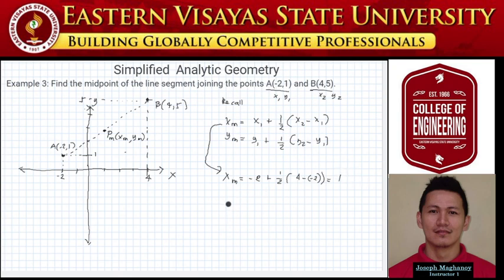And for your y, y sub 1 plus 1 half, y sub 2, this is 5, minus y sub 1, 1. So this is equal to 3. So finally, our midpoint is located at 1 and 3.